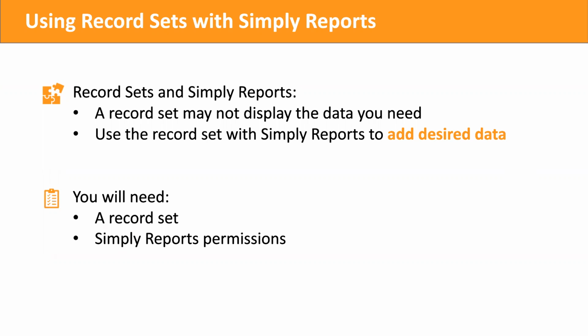But by using a record set together with Simply Reports, I can both isolate to just the records I care about and include the data I need to see about the item records. For this segment, we will be working in Leap and Simply Reports for both examples. And in terms of permissions, staff will need Simply Reports permissions in order to log into that application.